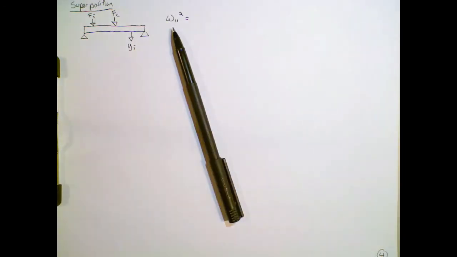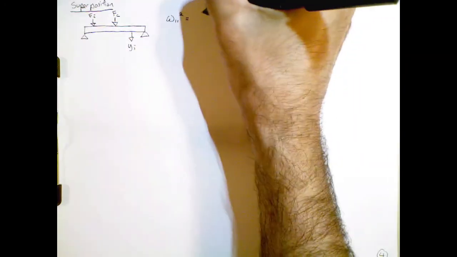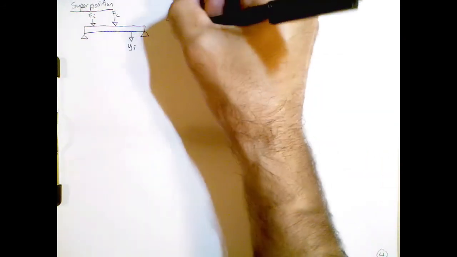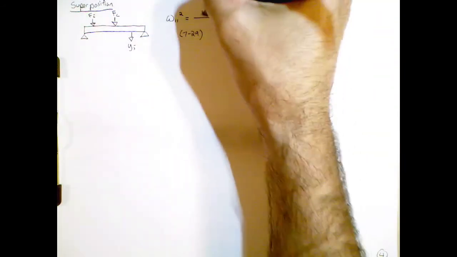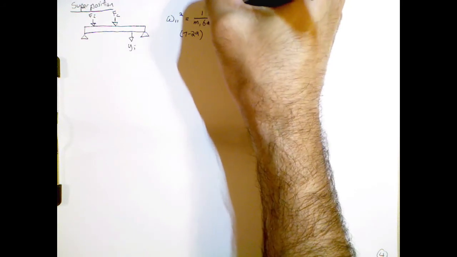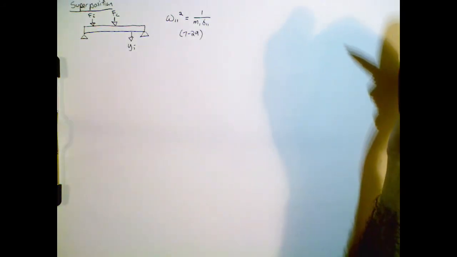Now remember, this is the square of the critical speed due just to mass 1. And we can write from equation 7.29 that this is equal to 1 over m1 times delta 11.